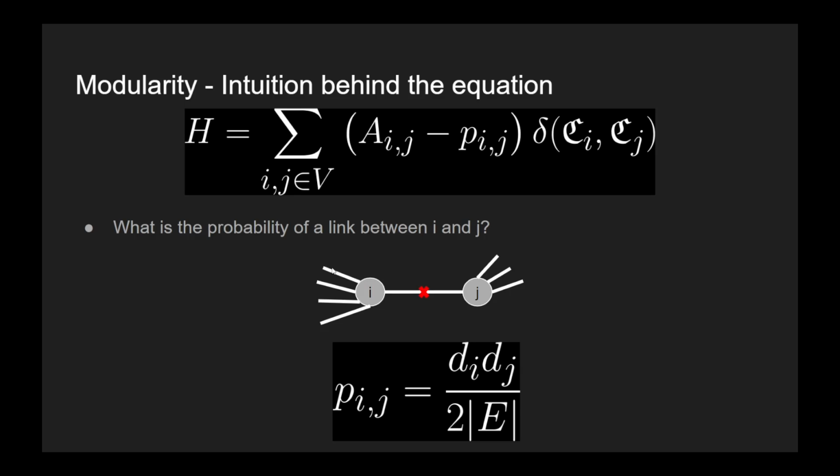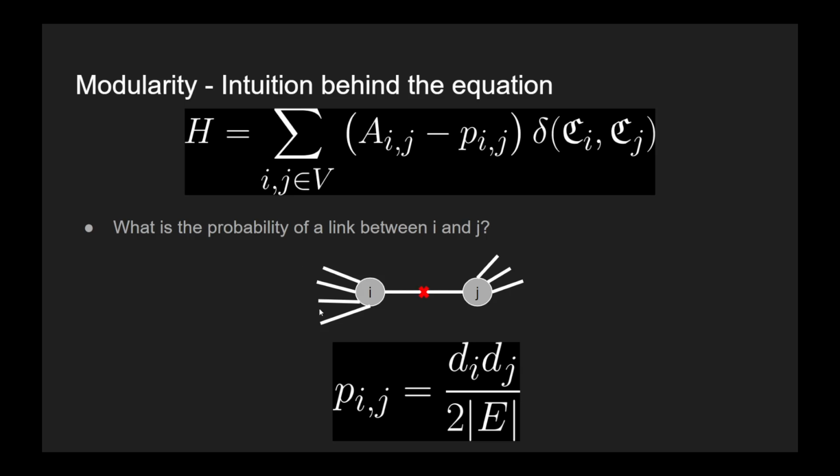Take every link in the graph that exists and cut it. So you have a stub for every link. This would form two stubs, one stub off i and one stub off j.